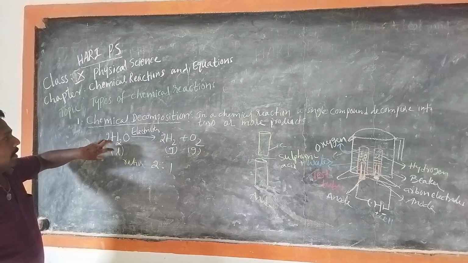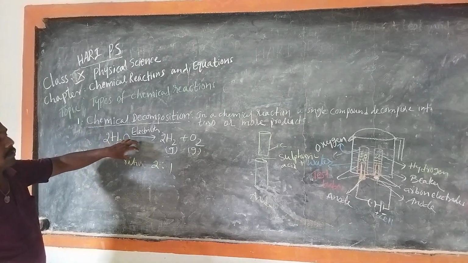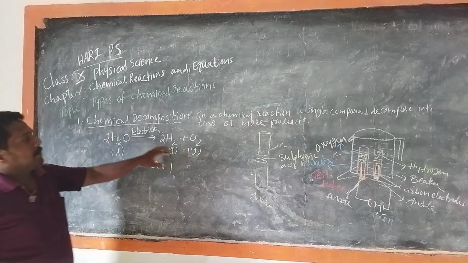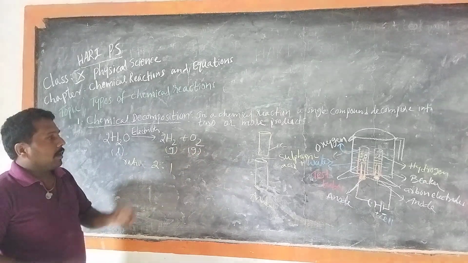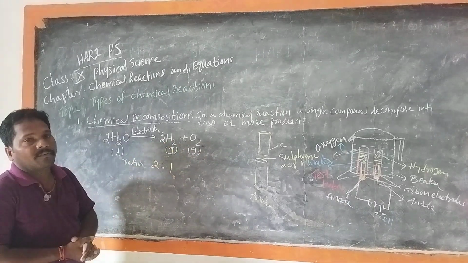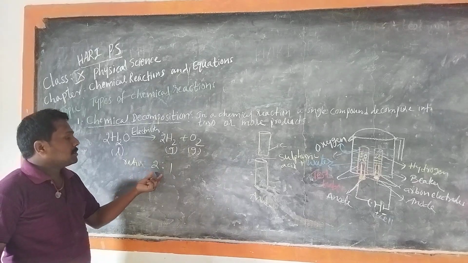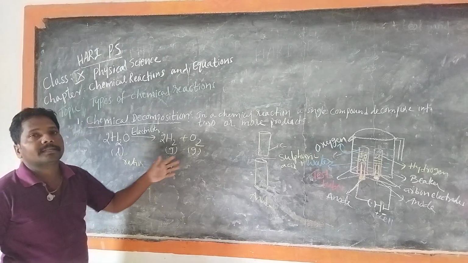So when electricity is passed through water, hydrogen and oxygen form in a 2:1 ratio by volume.